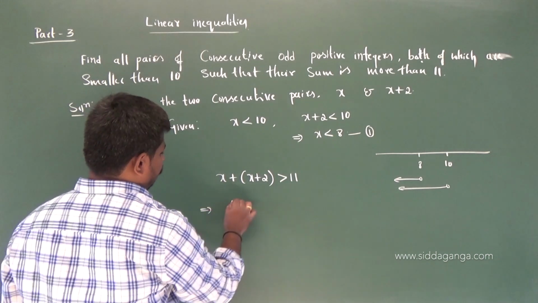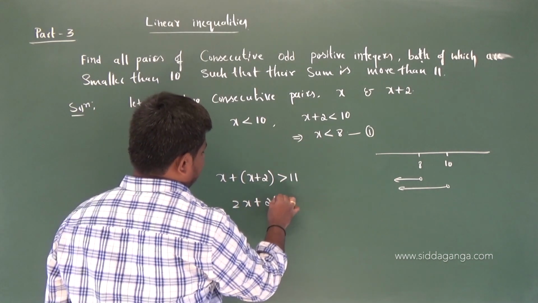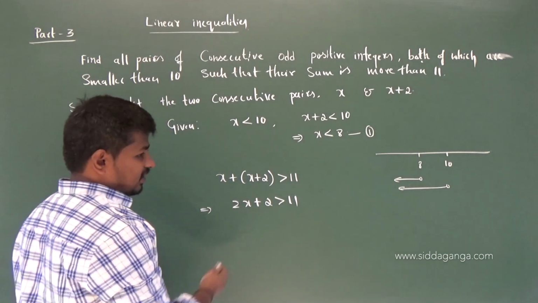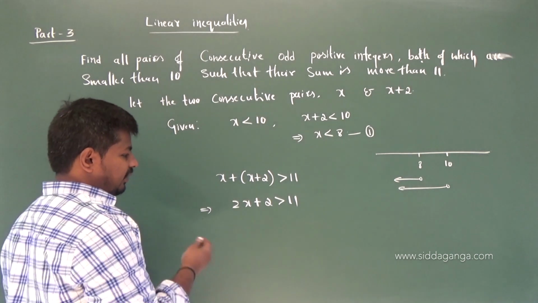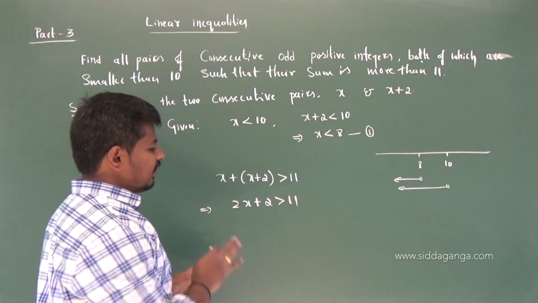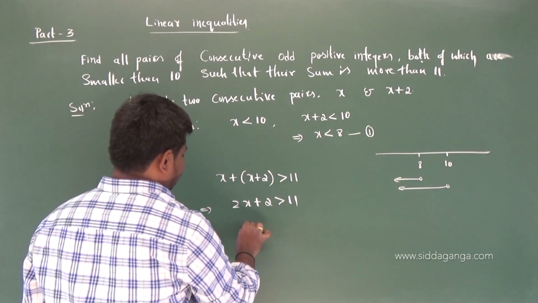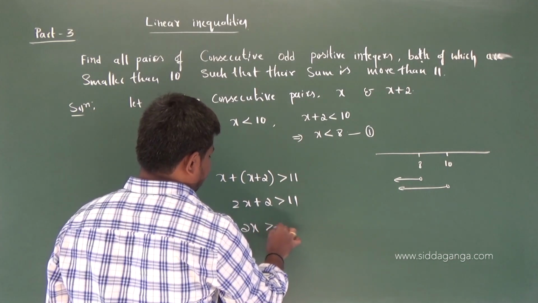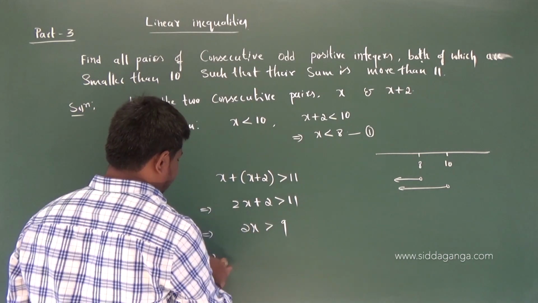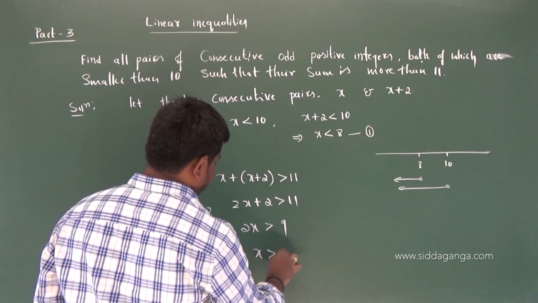You get 2x plus 2 is greater than 11. Let's find the values of x. I think you are all familiar with finding the values of x. Adding minus 2 on both sides, you get 2x is greater than 9, and dividing by 2 on both sides, you get x is greater than 9 by 2.